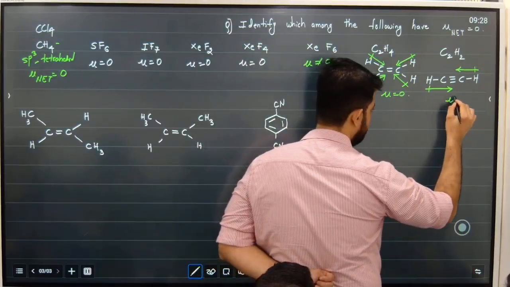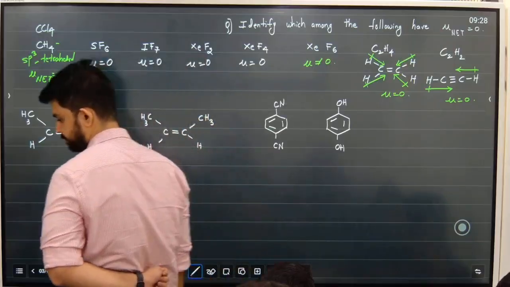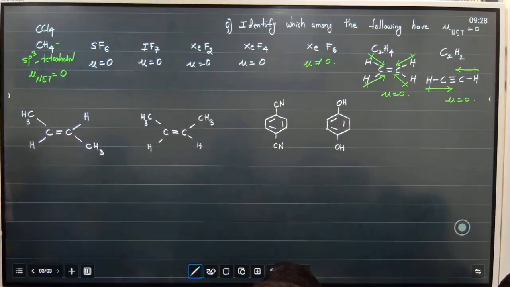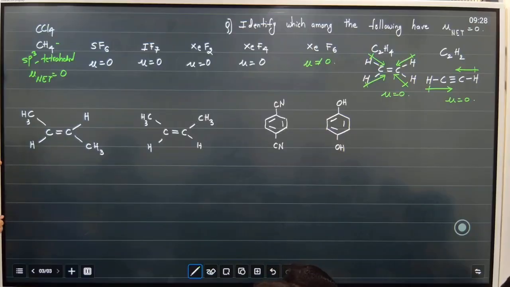Again over here, the net dipole will be 0. Next, though we will study these examples again in organic, some of the examples I'll introduce now itself. In some examples you may not understand a point or two because we'll do that in organic chem, but for the time being take it as it is.